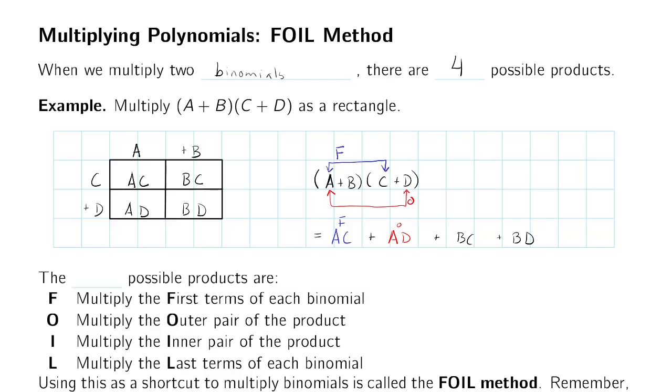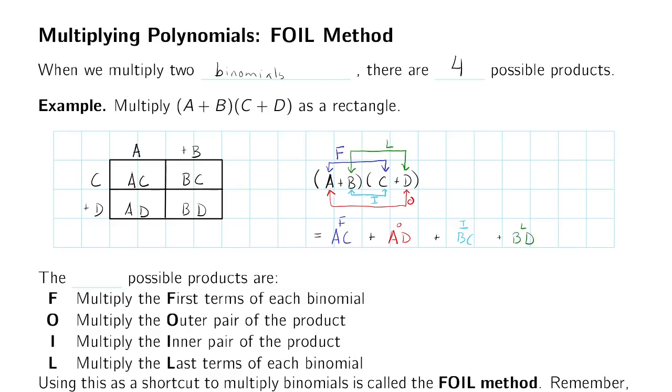Then I had B multiplied by C. That's the inside pair of terms from the product. And finally, I had B multiplied by D. That was the last term from each binomial.